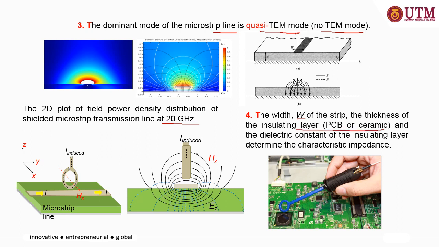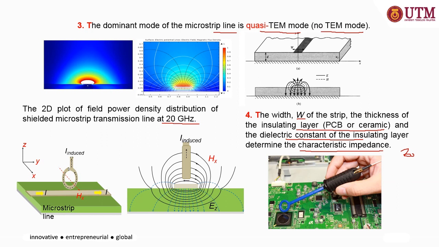This is the dielectric material, and the dielectric constant of the dielectric will affect the characteristic impedance of the microstrip line. We are going to discuss in detail the equations related to Z0 in the next session.